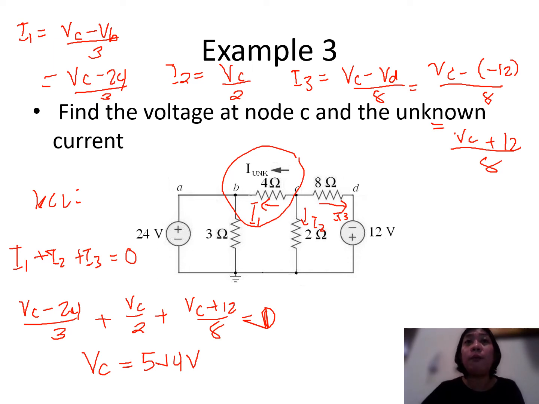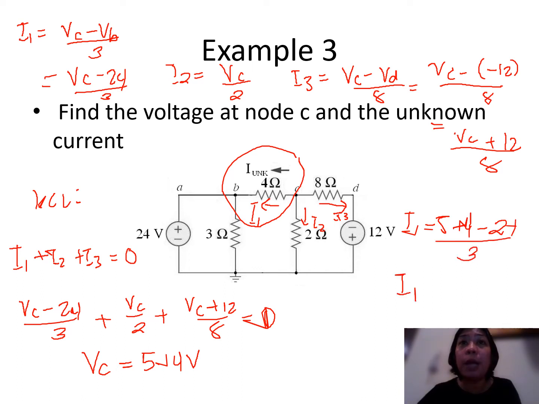Okay, so how do we solve for I1 now? All we have to do is to substitute our values. So our I1 is VC, which is 5.14 minus 24 divided by 3.